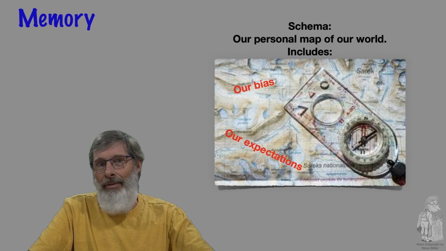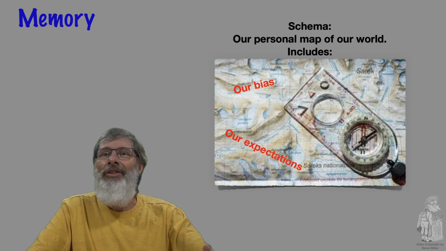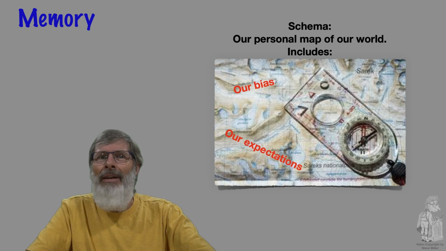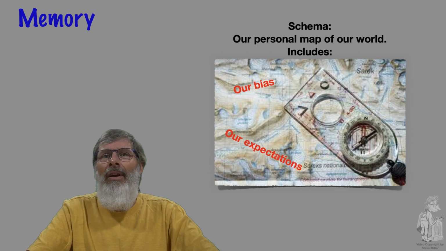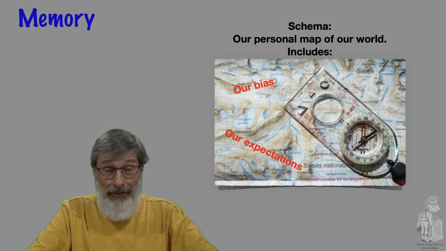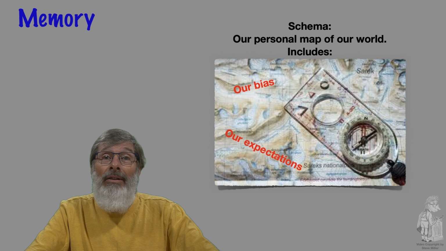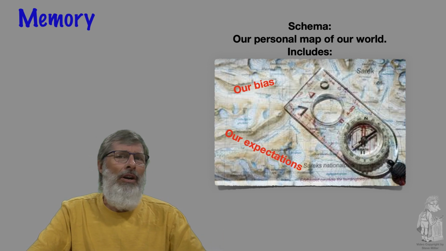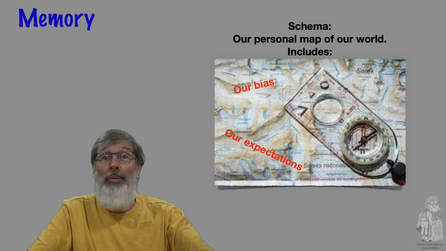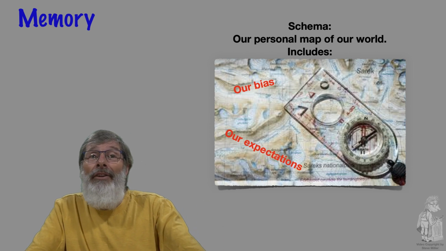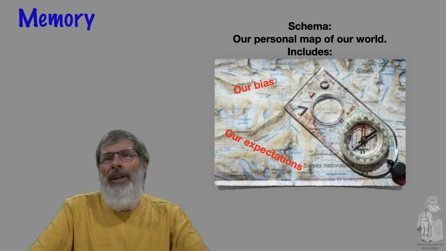They assist us in processing and understanding vast amounts of stimuli, and because these schemas are developed over a lifetime, they're unique to each of us. Our life experiences, our family, geography, where we were born, how we were raised. When we receive new information, we tend to try to fit it into things that we already know.